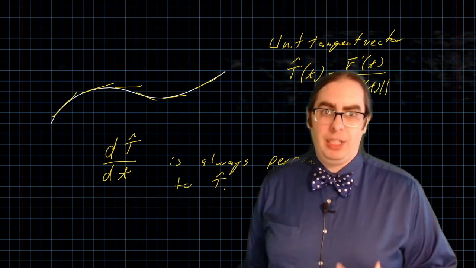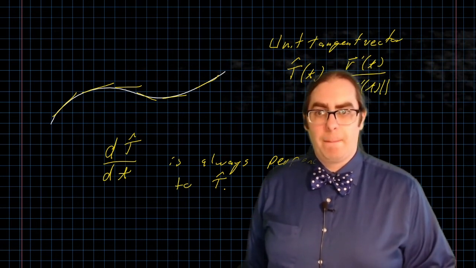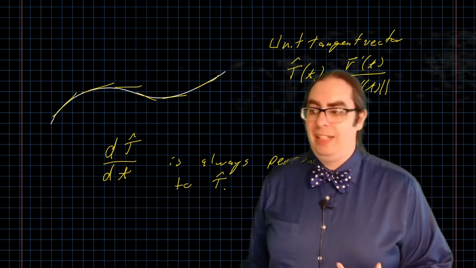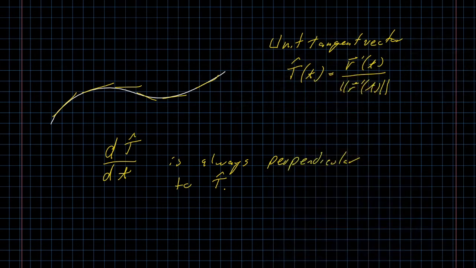And that property of changing direction means that we have to turn in some way, right? No matter which way the tangent vector is going, a change from that tangent vector to the next one is never going to be a change in length, right?